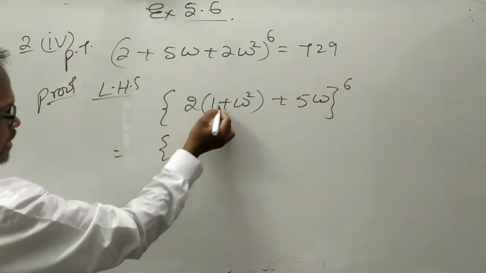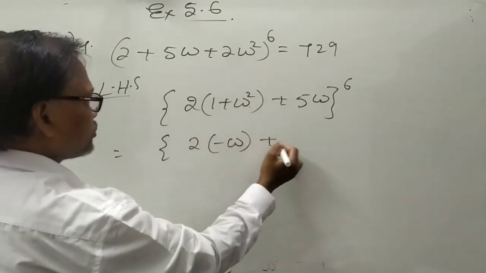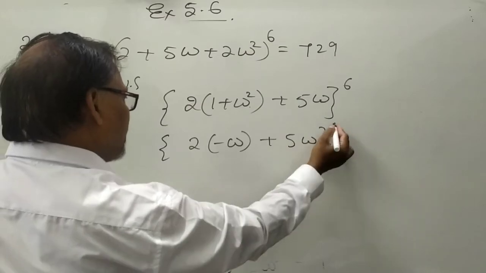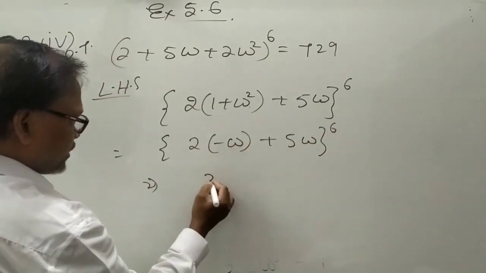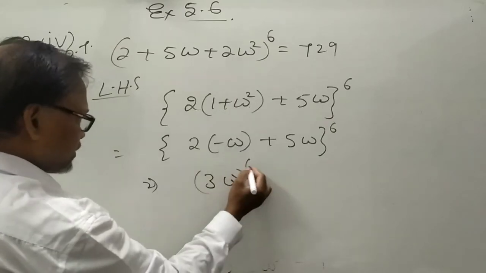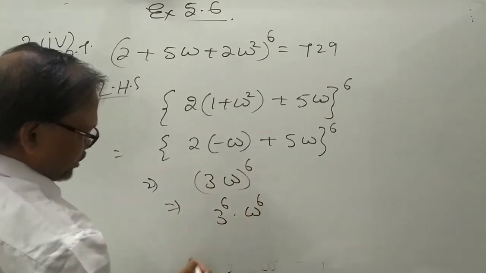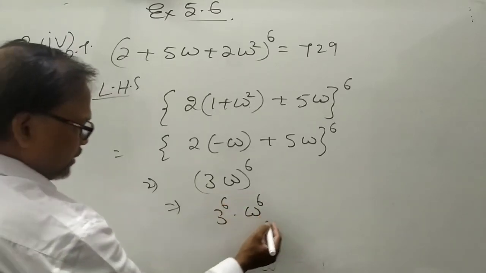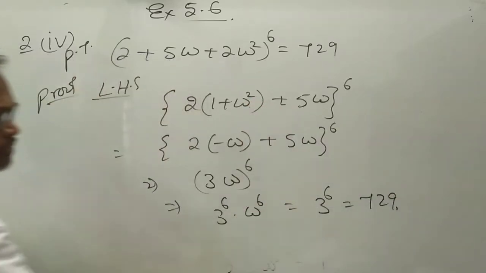Then you can write 1 plus omega square as minus omega using the relation, to the power 6. Then minus 2 omega plus 5 omega is 3 omega, to the power 6. And this is 3 to the power 6 times omega to the power 6, because this is a multiple of 3, so omega to the power 6 is 1, and you can write 3 to the power 6, which means 729.